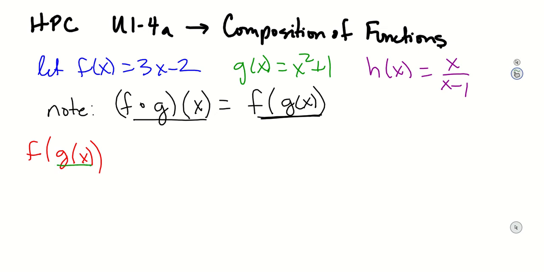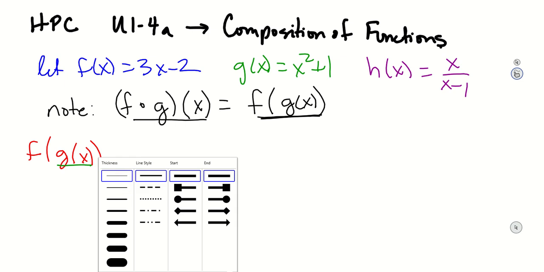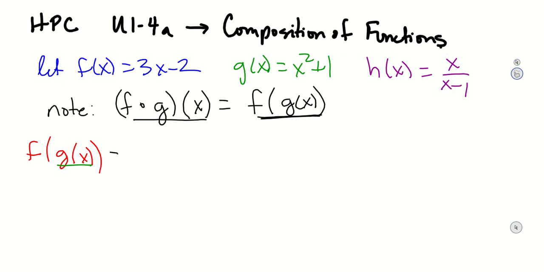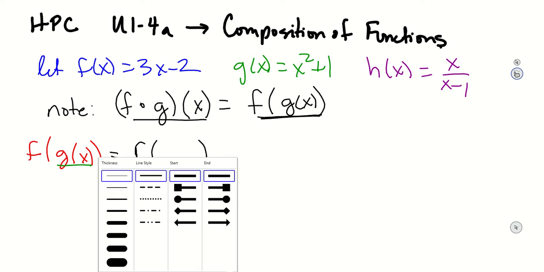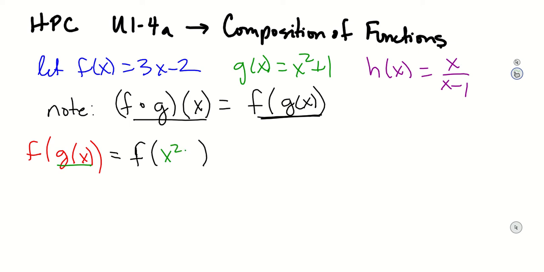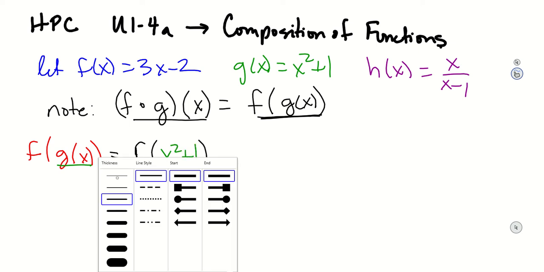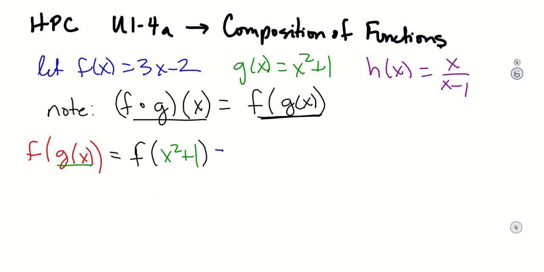So we're going to rewrite this as f, which stays the same, but we're going to put what g of x equals, which is x squared plus 1, inside of f. Now we're going to take f, and we're going to use our x squared plus 1 in place of the x as the input.